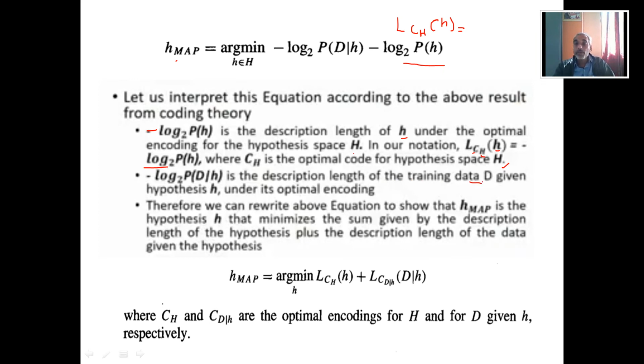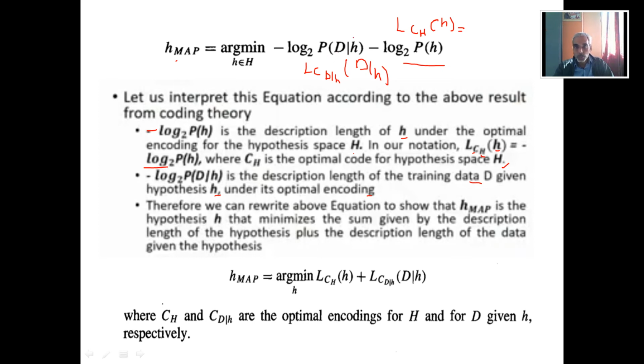Now the description length of the training data D given the hypothesis H under some optimal coding scheme can be written as L of the optimal coding scheme C for the set of all data D given H, of D given H. This is the representation. This is equal to minus log 2 P of D by H.